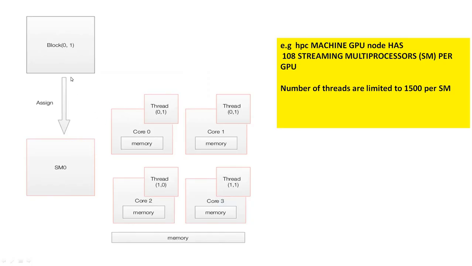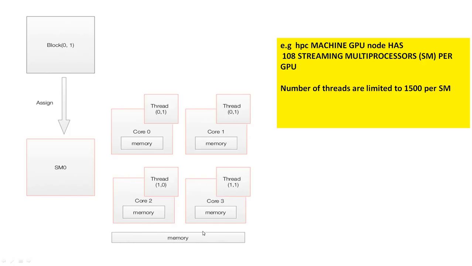Now you can see that this is a streaming processor, called a streaming multiprocessor, SM0, and every block is represented by a convention like 0, 1. In the same way the threads are also represented like 0, 1. In this particular case, each CUDA core, core 0, refers to a thread, and another CUDA core refers to another thread.